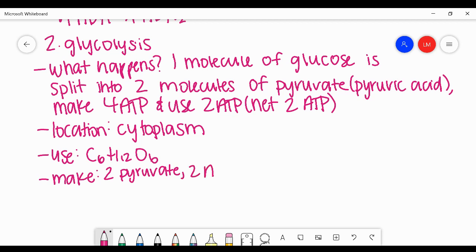We have our 2 ATP, of course, and we are going to make NADH, because when we split the glucose, we will have a couple of extra electrons that need to be attached to something. So we'll make a little NADH, and that is glycolysis.